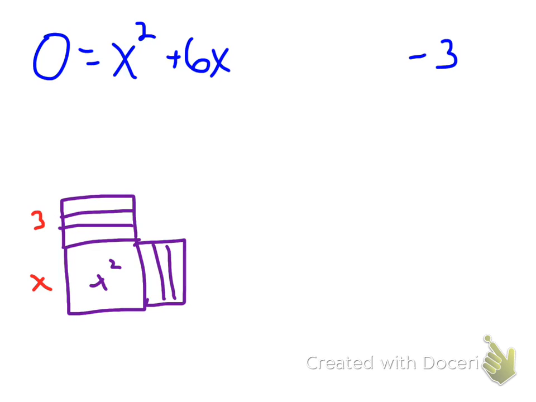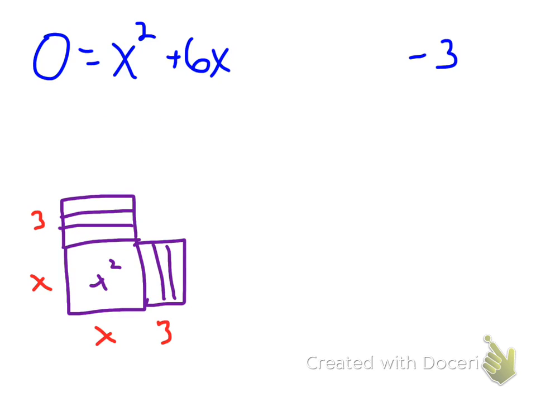And on the other side, I also have an x and a 1 and a 1 and a 1, which also gives me x plus 3. So I'm now building an x plus 3 square. But I have not completed the square yet.